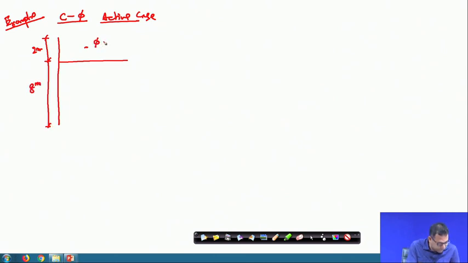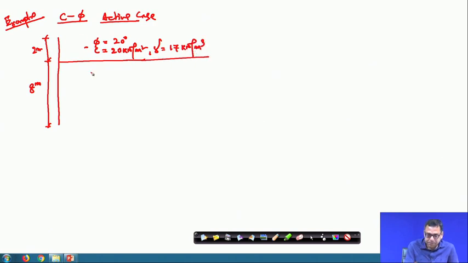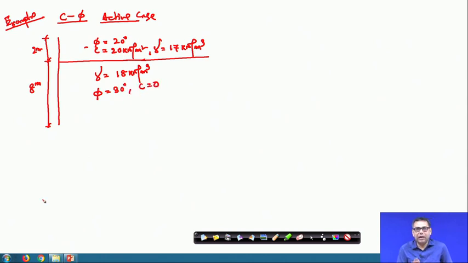Here phi value is 20 degree, C value is 20 kilonewton per meter square, and unit weight is 17 kilonewton per meter cube for the first layer, and second layer unit weight is 18 kilonewton per meter cube, phi value is 30 degree and C value is 0. Water table effect is not considered. This is the ground level, which is far below.